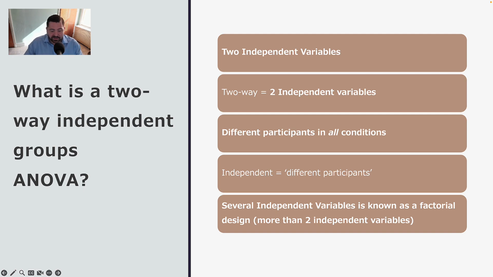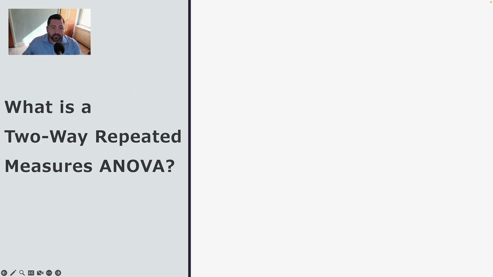We have some things that we need to think about, but really what we're doing is taking this more complex design and building something more complex based off of some of the basic foundational principles we know about one-way ANOVAs for independent groups and repeated measures that we learned thus far in this video.